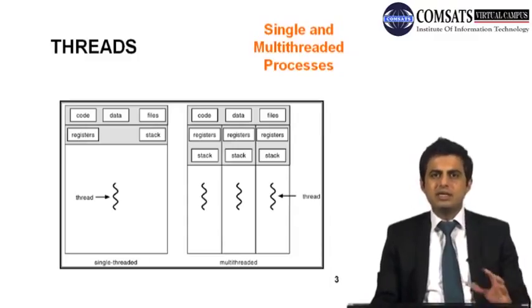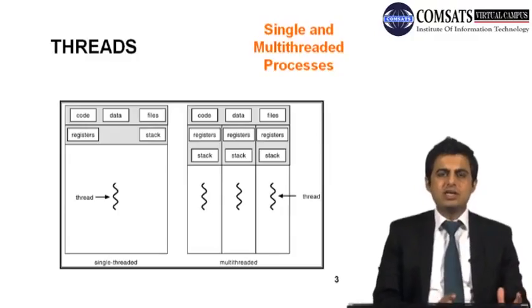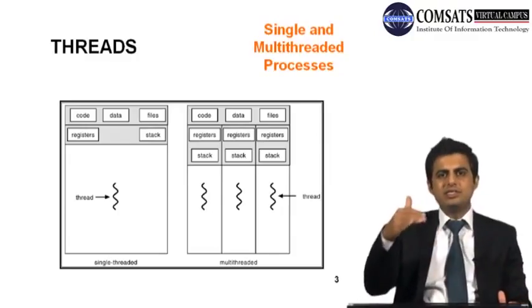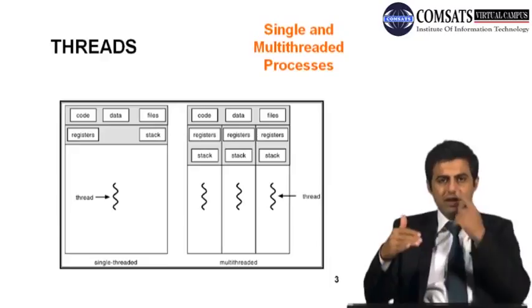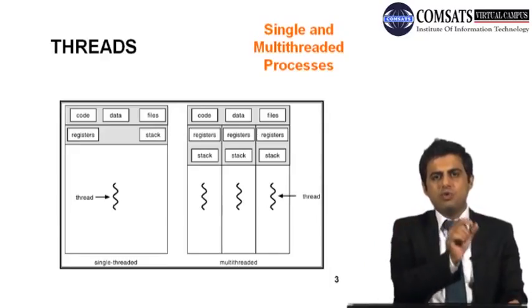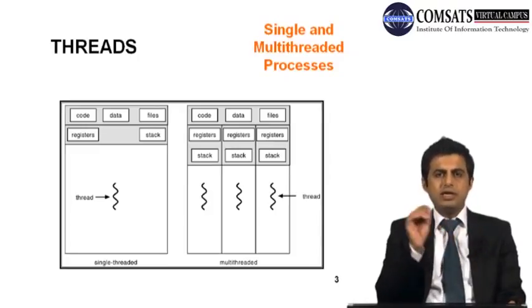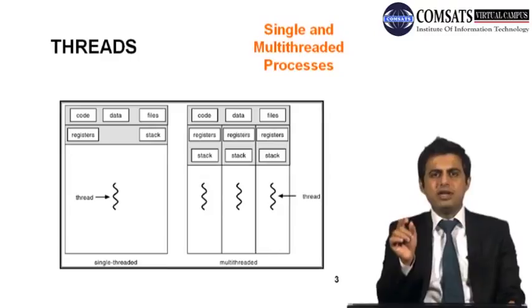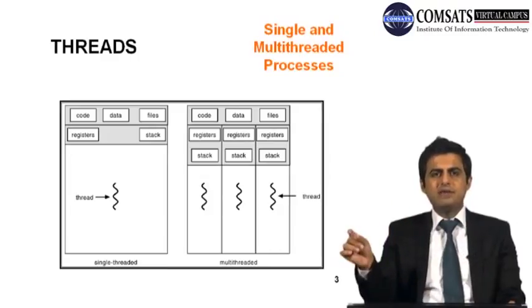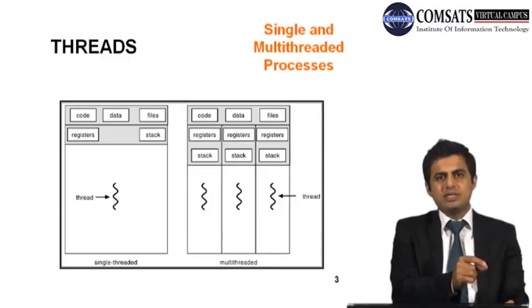It works in the same way as in the single threaded system, executing line by line. It takes one line from one thread and executes it, then it can take multiple lines or one line from another thread, and then a few lines from another thread, and so on, and then it comes back to the first thread again.